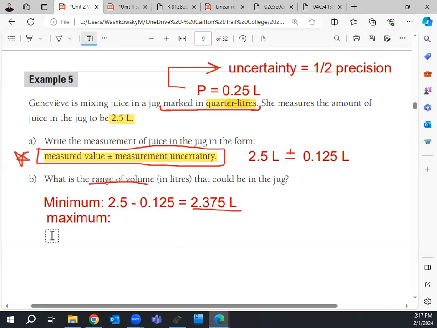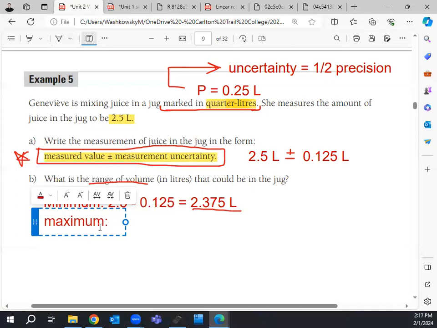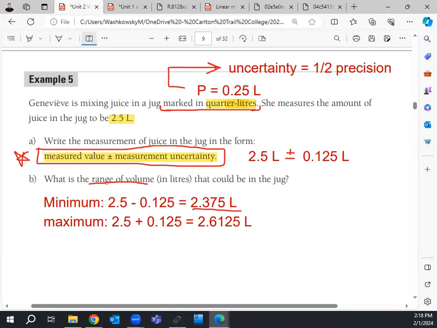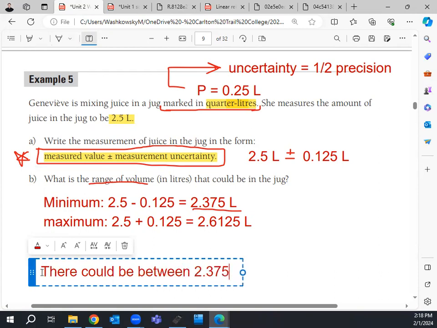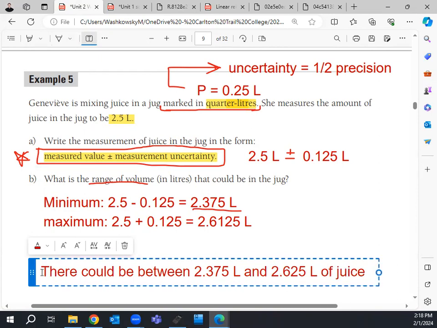So how would I figure out my maximum then? You just add. I think there's 2.5 liters in there, but I could be as many as 0.125 liters off. So if I add that up, I'm going to get 2.625 liters. So this is the fancy way of saying that there could be between 2.375 liters and 2.625 liters of juice.